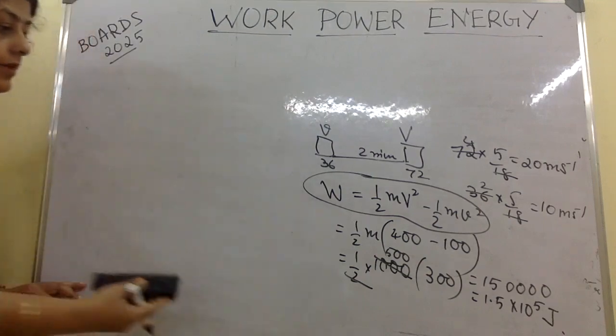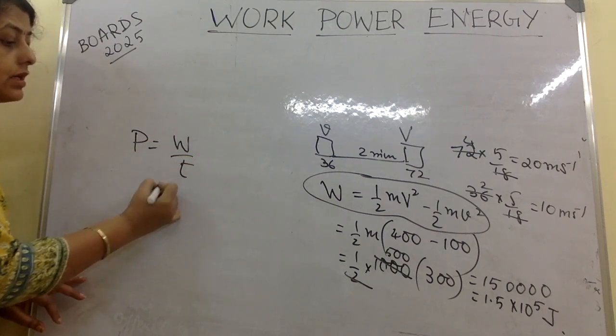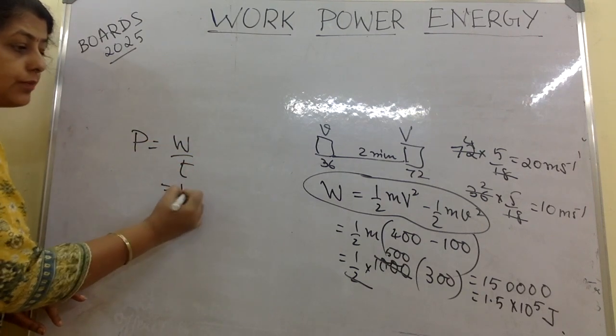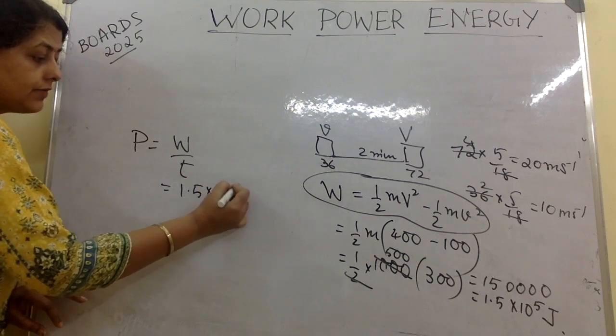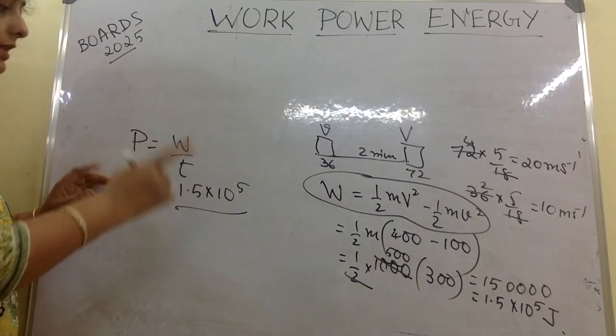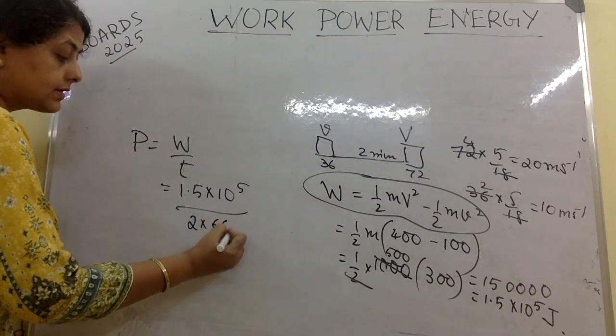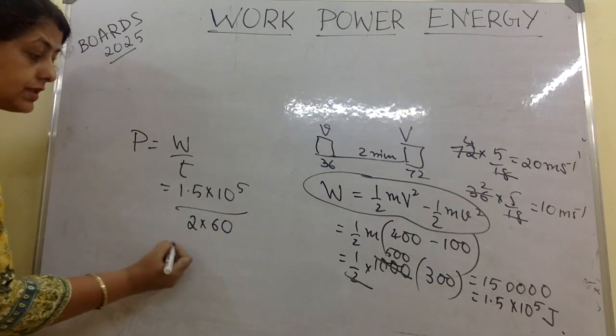We can easily find. Power is equal to work by time. So work is 1.5 into 10 to the power 5, and the time is 2 minutes. Okay, but then we need to convert this to seconds. So 2 minutes converted to seconds.